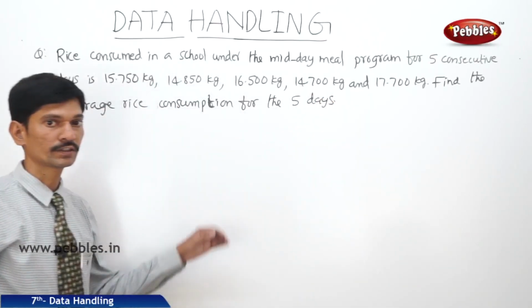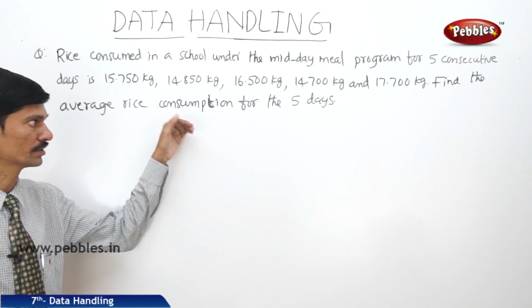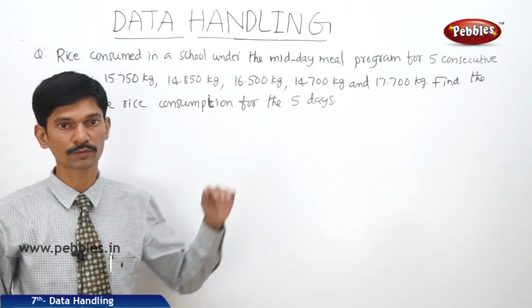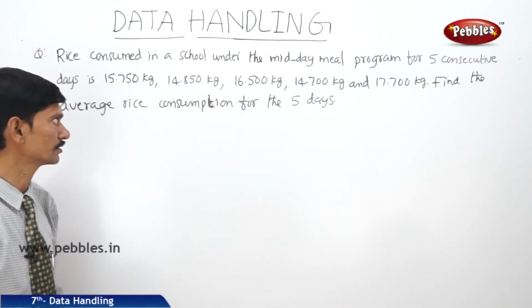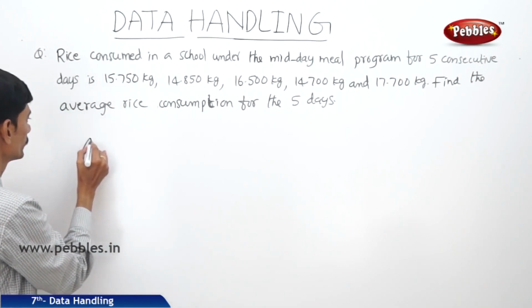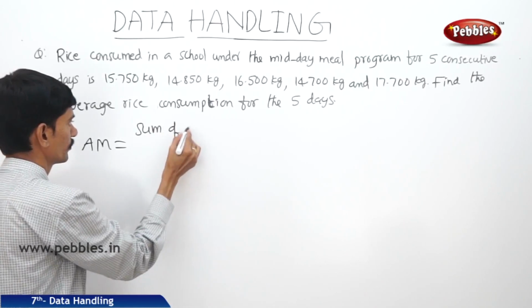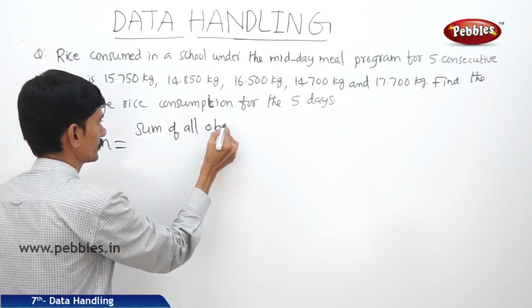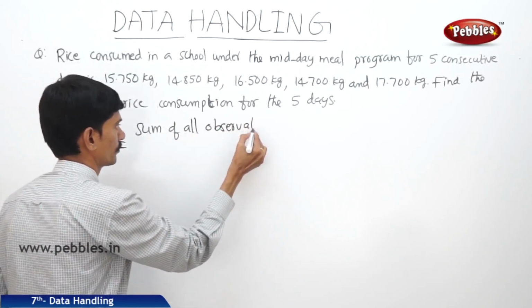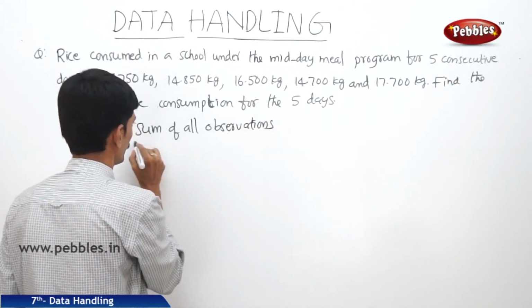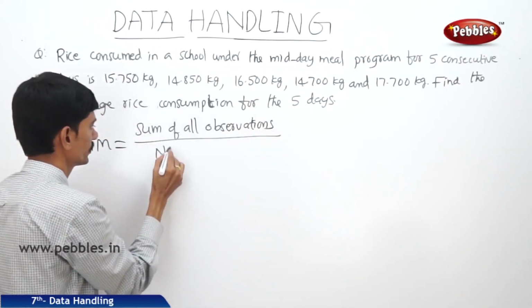To find the average rice consumption for the 5 days, we have to find the arithmetic mean of the given observations. So arithmetic mean equals the sum of all observations by the number of observations.